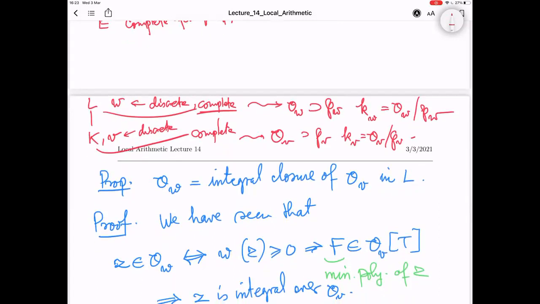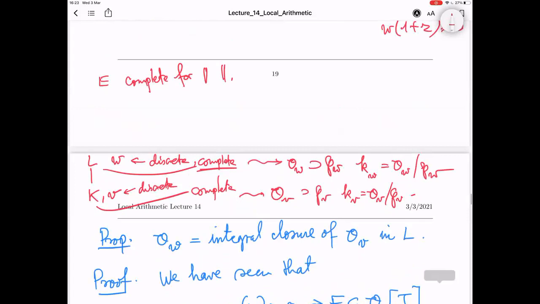So the picture is that I have, sometimes people draw it like this, OV here, which is a subring of K, and then I have a finite extension L, and I have OW here, which is a ring contained inside L.